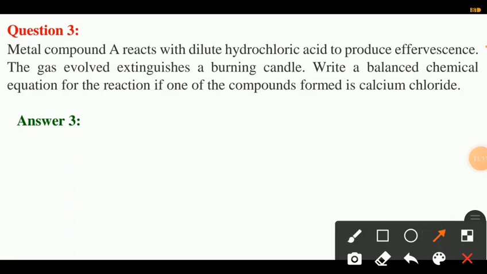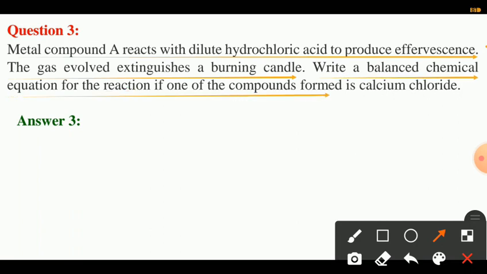Question number 3 is, metal compound A reacts with dilute hydrochloric acid to produce effervescence. The gas evolved extinguishes a burning candle. Write a balanced chemical equation for the reaction if one of the compounds formed is calcium chloride.